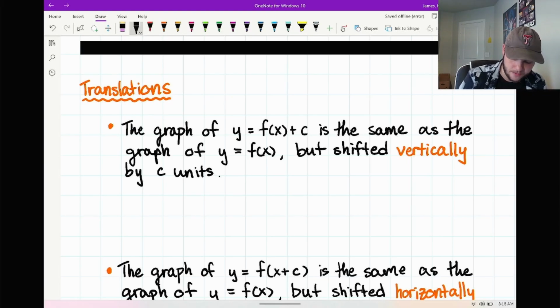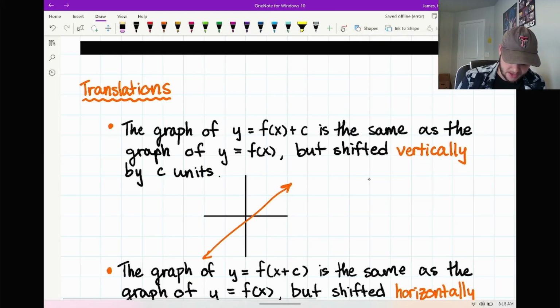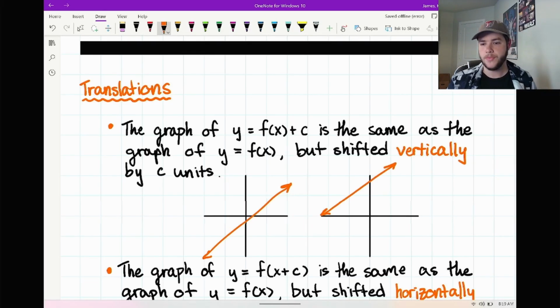So for example, we know for our parent functions, I've got y equals x. Well, y equals x plus 2, I also know from previous videos, is going to be this line with slope 1, so it's going to be parallel to this, but with y-intercept 2. I just move it up 2 units.